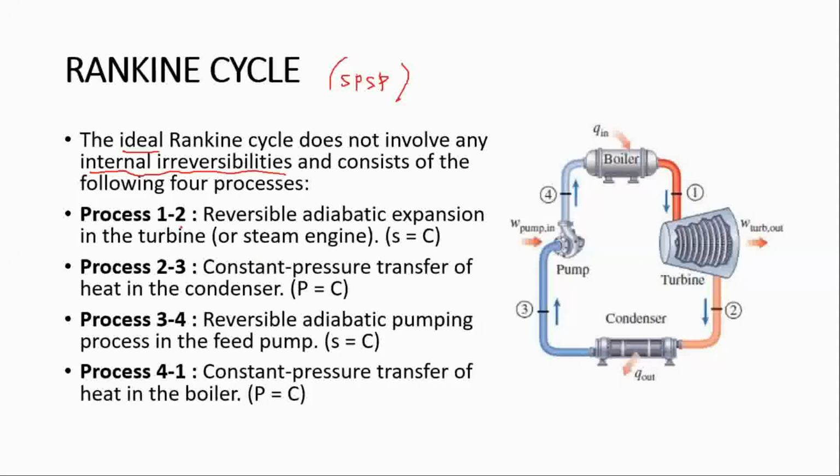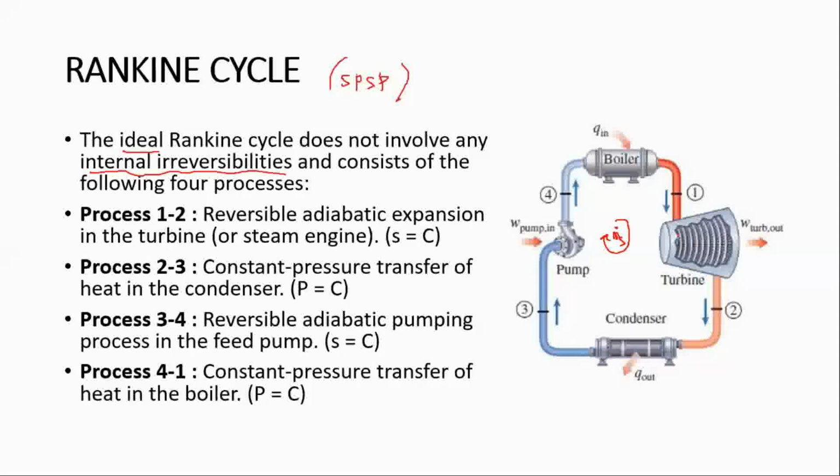So, we have process 1 to 2. O, ito yun, no? So, this is reversible adiabatic expansion in the turbine or steam engine. So, yung ating steam generated from the boiler, exit siya, and then papasok dito sa ating turbine. At point 1, steam turbine, no? Naiikot siya na mass of steam.